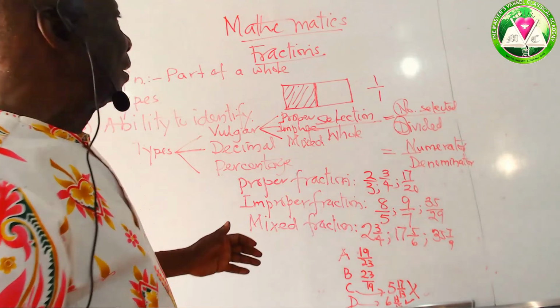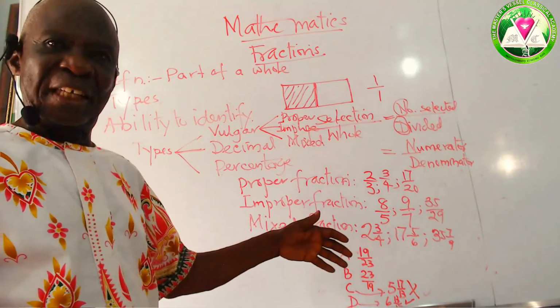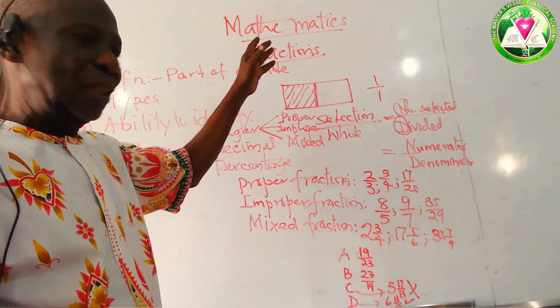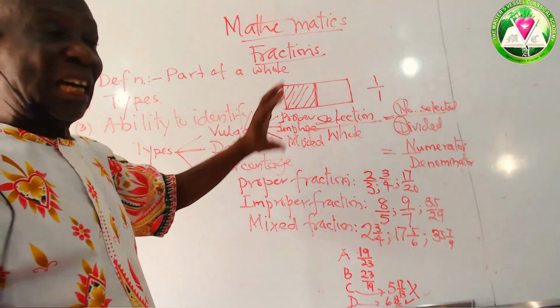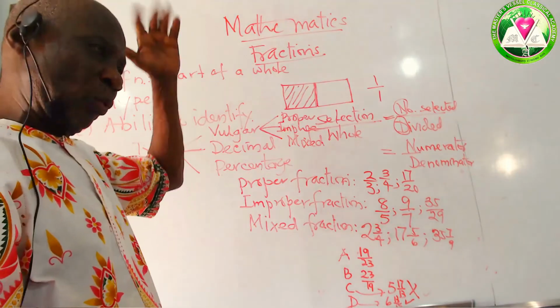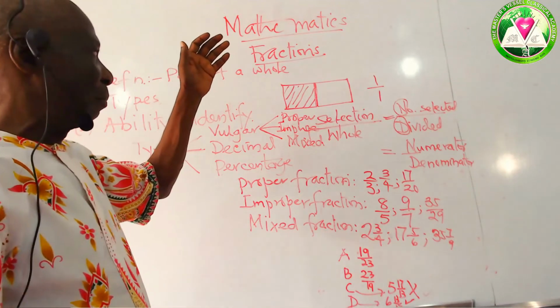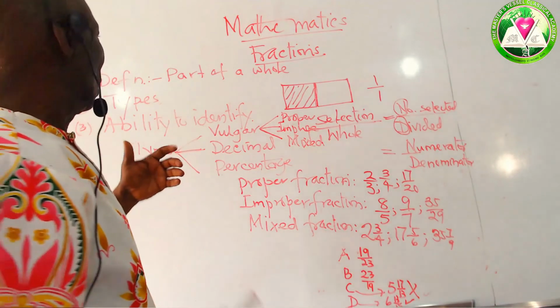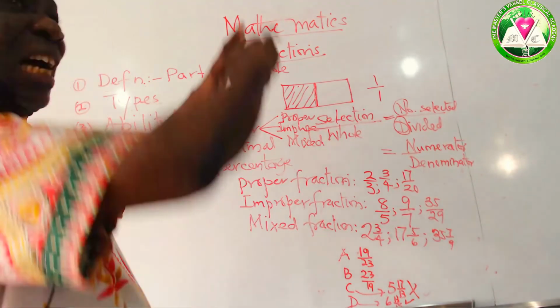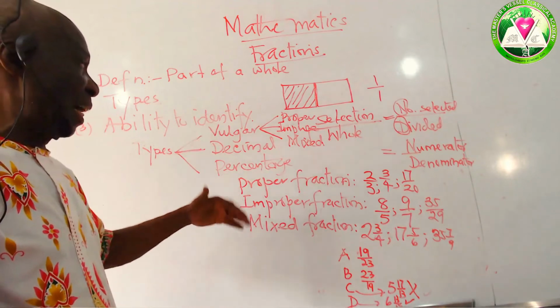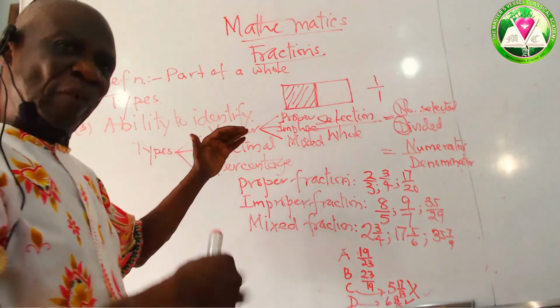For now, let's go through this before I give you the assignment for the day. Fraction: part of a whole. That means there will be a whole. We select some portion out of the equal number of divisions that we have. Number 2, types. We've told you there are very big great-grandfathers: vulgar, decimal, percentage. We shall also in future take them one by one.